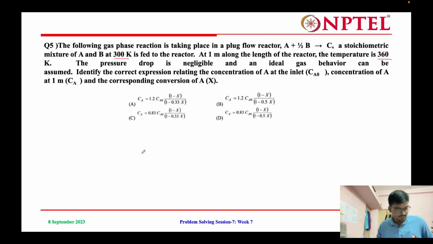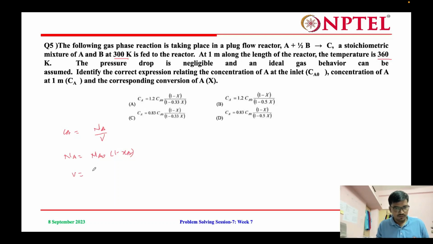So C_A is the concentration of A at any point in the reactor. So C_A is equal to N_A over V. Here it is a gas phase reaction. So N_A is equal to N_A0 (1 minus X_A).